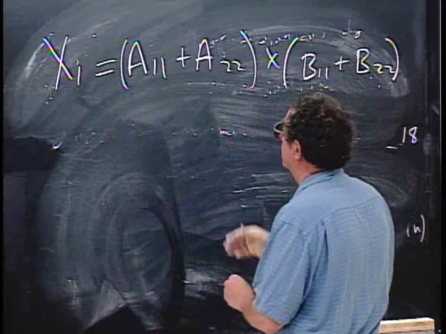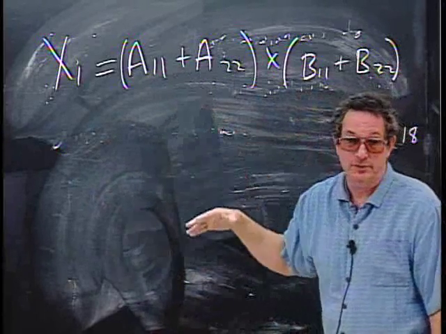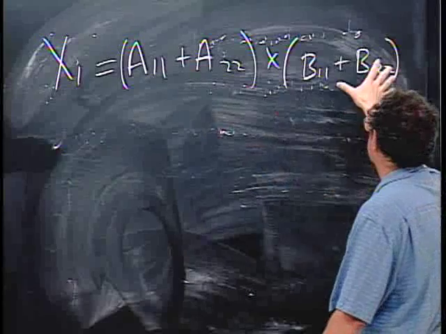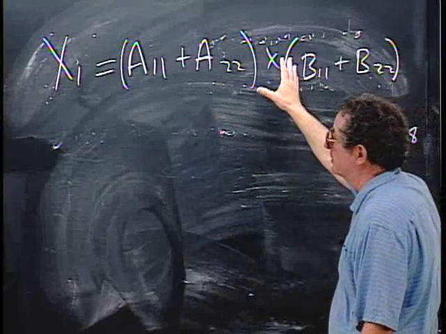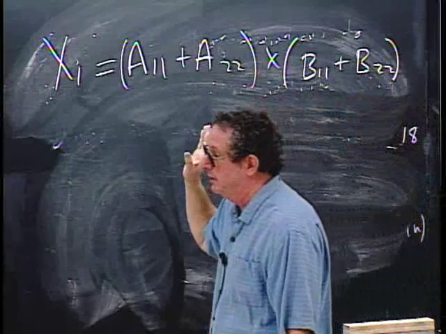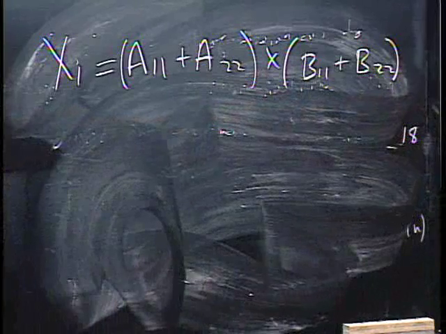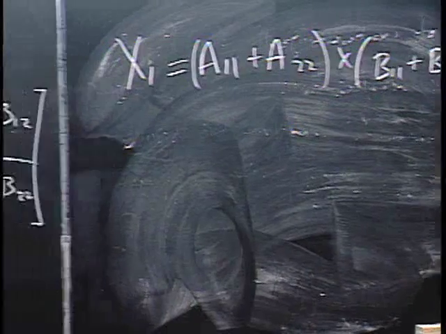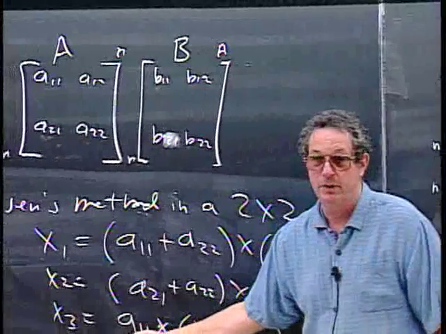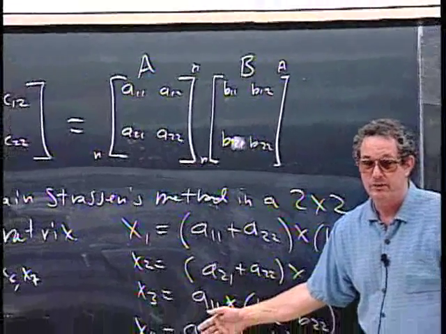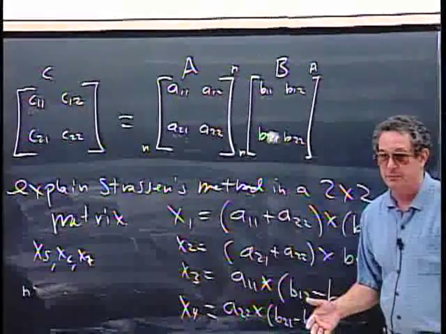Okay? So this is an addition of matrices, and we know what that means. This is addition of matrices, multiplication of matrices, and so on. And we can use exactly the same ideas that Strassen used in talking about 2 by 2 multiplication. We can use those for n by n multiplication.